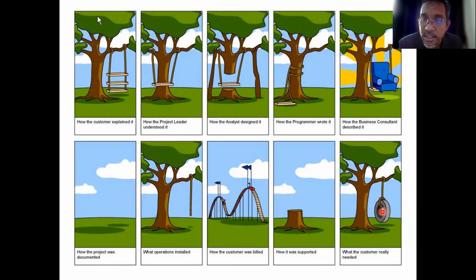Actually, this one is what the customer really needs. They need the swing. The business side or sales marketing engineer will describe what they explain, and then they will discuss with the project leader.